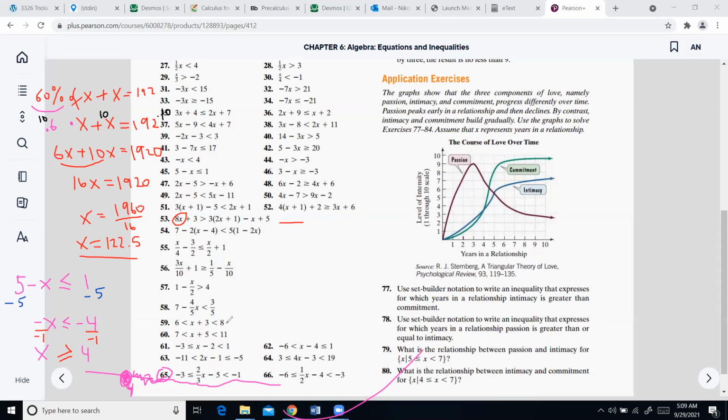So to work out this double inequality, I'm going to add 5 to every part of my inequality. So I'm going to add it on the right side, in the middle, as well as on the left. So I'll have 2 on the left side, less than or equal to 2/3 of x.